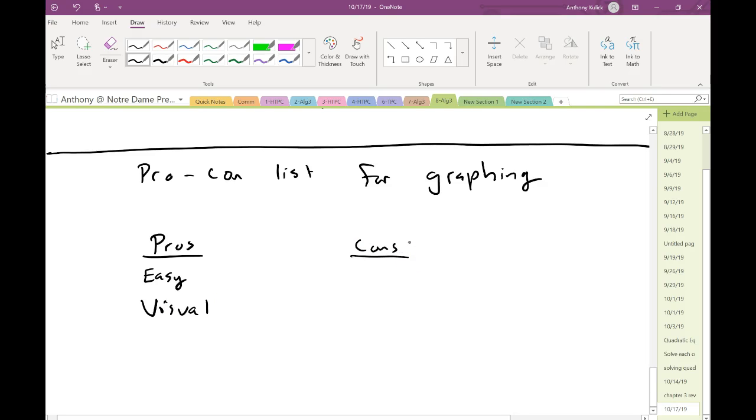Let's think about some of the cons, though. Well, it's a little bit time-consuming, right? If you want to draw an accurate picture, that takes a little bit of time. And maybe we should also say space. Like it takes a lot of space on your sheet of paper to draw an accurate picture. Okay. For some of us, the fact that neatness is going to count here a lot is definitely a con.